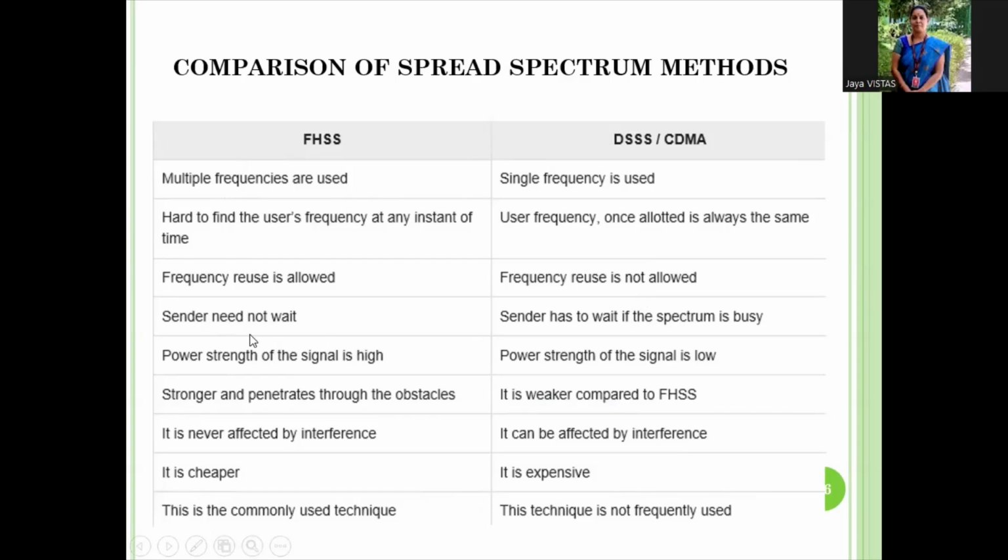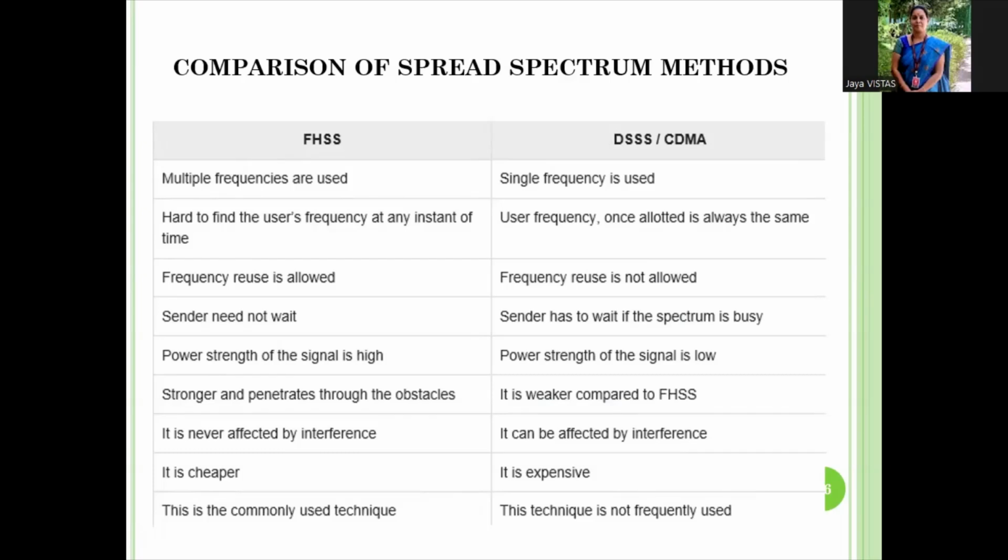The sender need not wait in FHSS, but the sender has to wait in DSSS. Suppose the spectrum is busy, then the sender needs to wait. Next, the power strength of the signal is very high in frequency hop spread spectrum, but in DSSS it is low. In FHSS, the signal is stronger and penetrates through obstacles, but in direct sequence spread spectrum it is weaker.